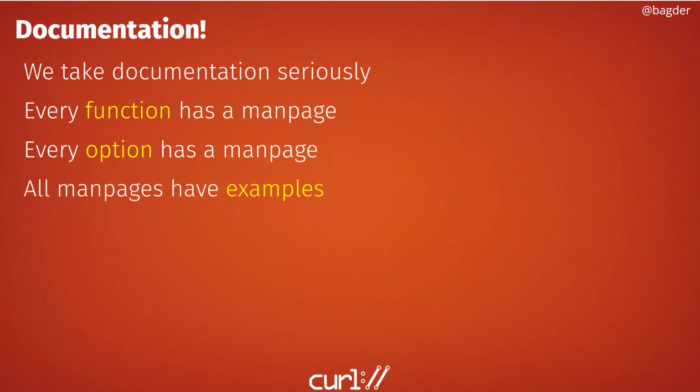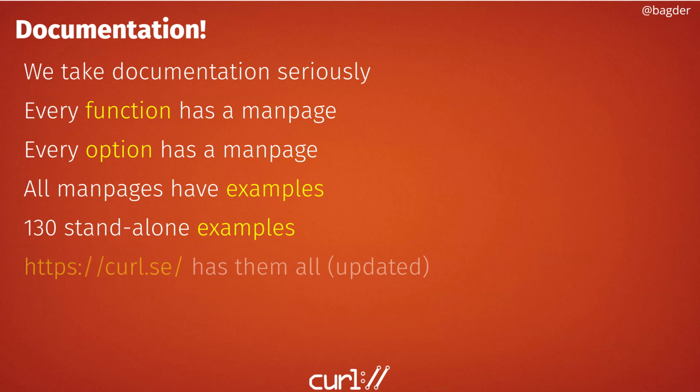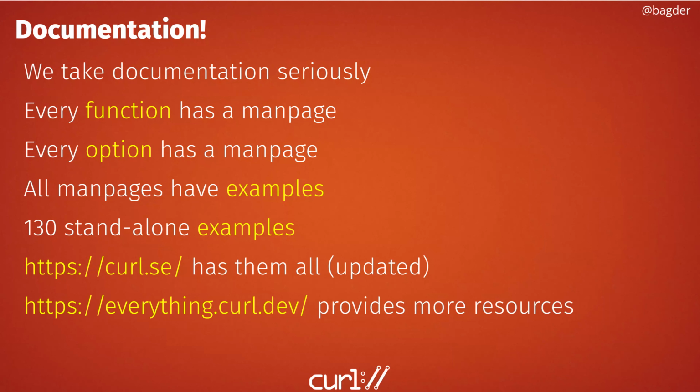There are also a bunch of standalone examples on the website and in the release distribution tarballs that you can find to get inspiration from and see how you do this in a completely standalone small example application. And everything is always updated and available on the website. The latest one is always present there on the web. We also have this book called Everything Curl, which provides even more resources and sometimes more tutorial, explainer-like documentation.